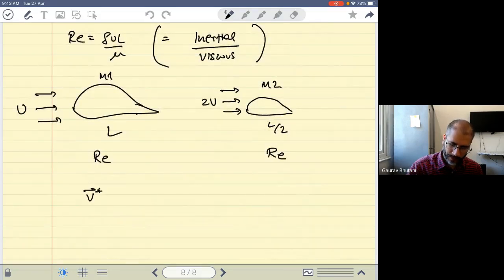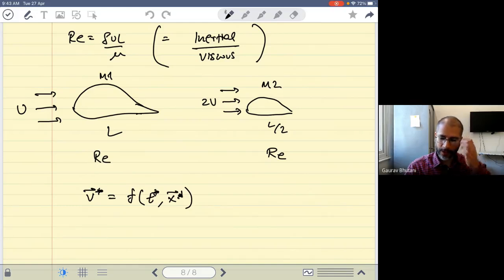So what we are solving is V star as some function of T star and the spatial coordinates. This solution is the same for the same Reynolds number, except that V star is defined as V by U. For the first case, it will be V by U. For the second case, it will be V by 2U. So that V value will be different. You won't get the same actual meters per second in these two cases, but the V star is the same.